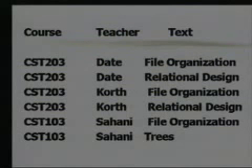Here what we have to do is CST 203, Date, file organization. So the information is like this: course CST 203 is being taught by Date and he is teaching the text file organization. CST 203 is being taught by Date and he also has to teach relational design.